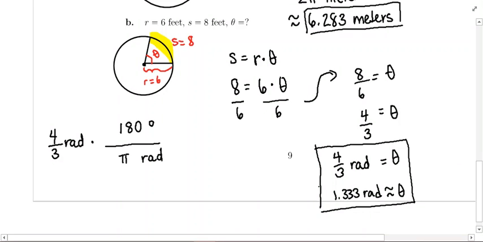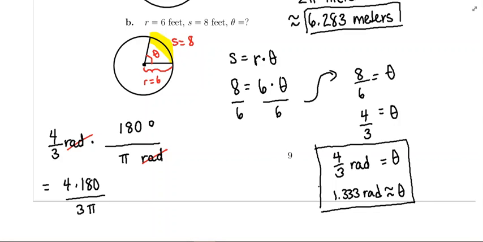Now we can just multiply our numbers together. This is a fraction, 4/3, so you can multiply across the top and across the bottom. This is going to be 4 times 180 over 3 times pi. The radians cancel and leave you with degrees, because you have radians in the top and radians in the bottom.